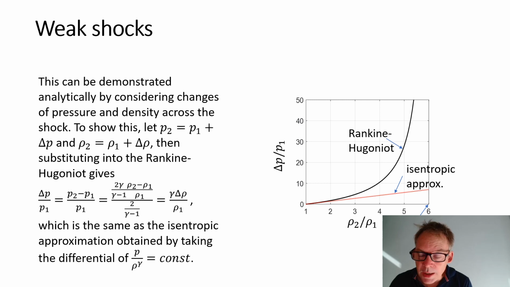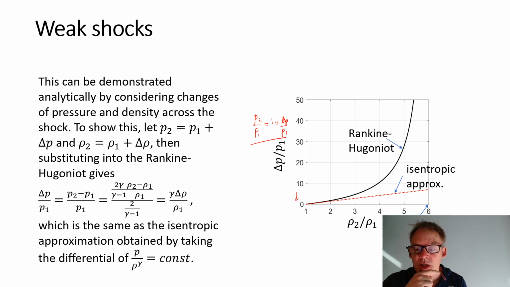As the shock strength decreases, the strength of the shock, P2 over P1, which is 1 plus delta P over P1, tends to be proportional to the density ratio, the change in density divided by rho 1.